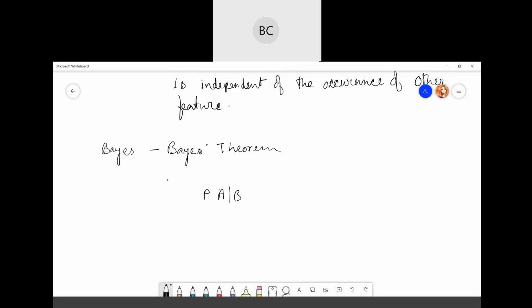Probability of A given B is equal to probability of B given A times probability of A, divided by probability of B. So this is your posterior, this is your likelihood, this is your prior, and this one is your marginal.